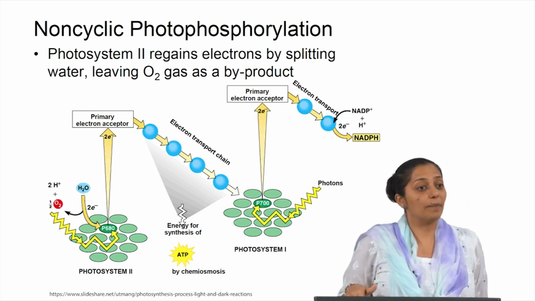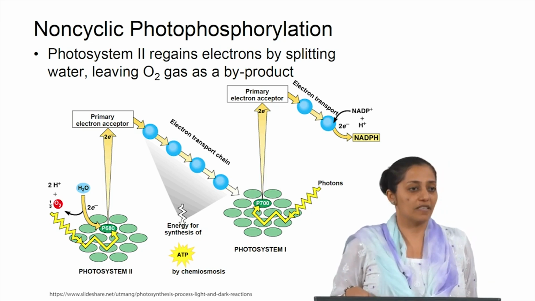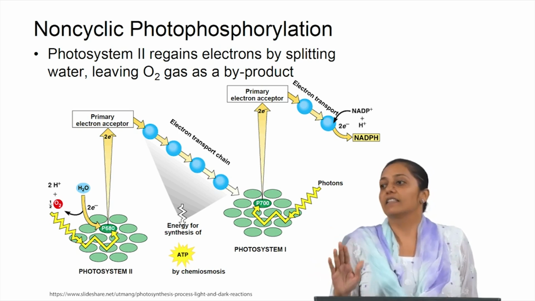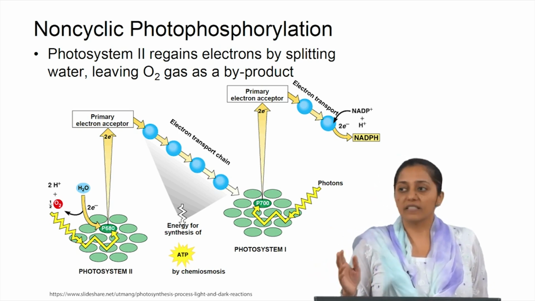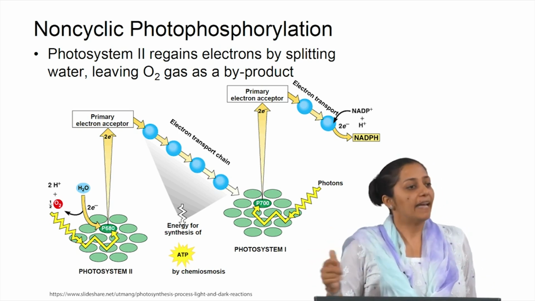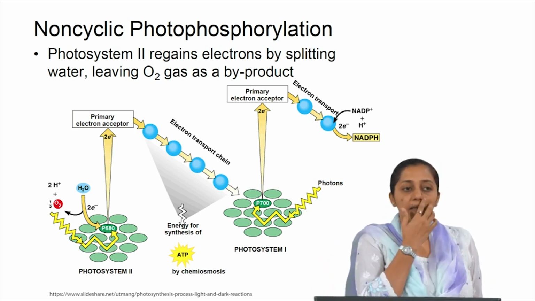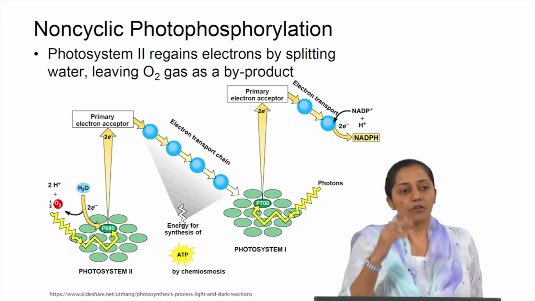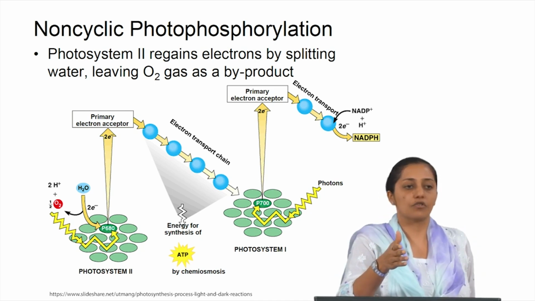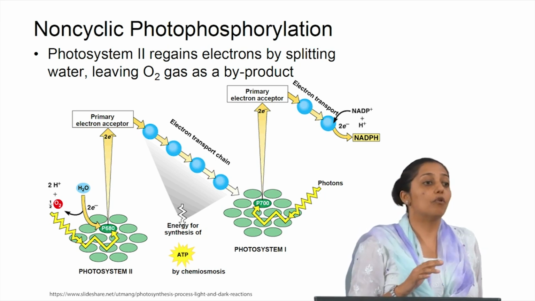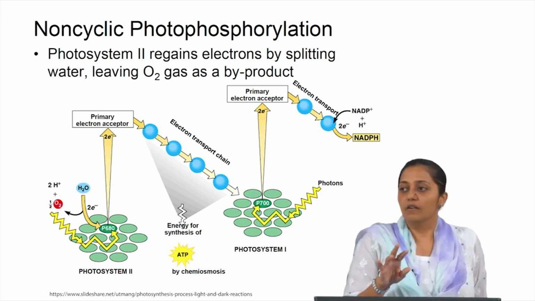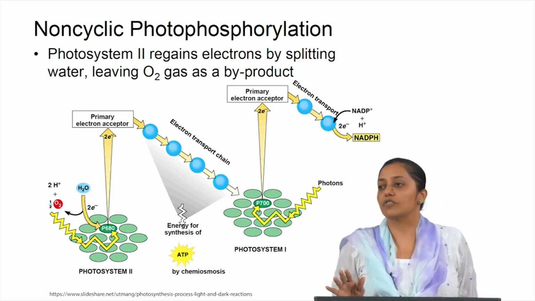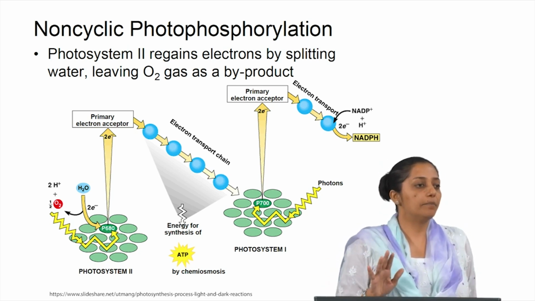This electrochemical gradient, through chemiosmosis, is then exploited by the ATPase present in the thylakoid membrane. This ATPase then generates ATP by driving the hydrogen ions out in the stroma. The hydrogen ions which are let out in the stroma then combine with the cofactor NADP plus, forming NADPH. So, this is how the light reactions give rise to ATP and NADPH.